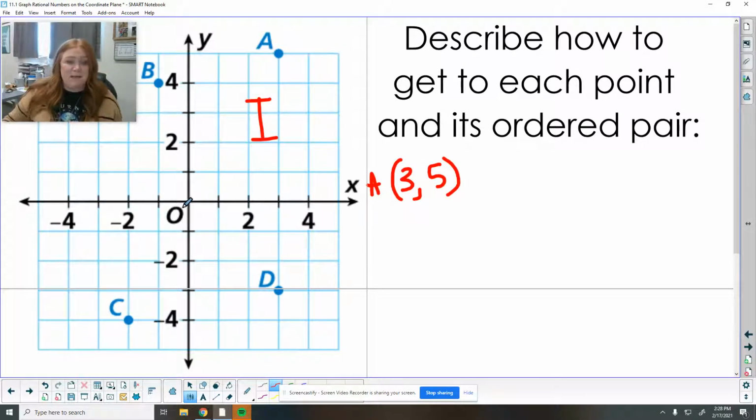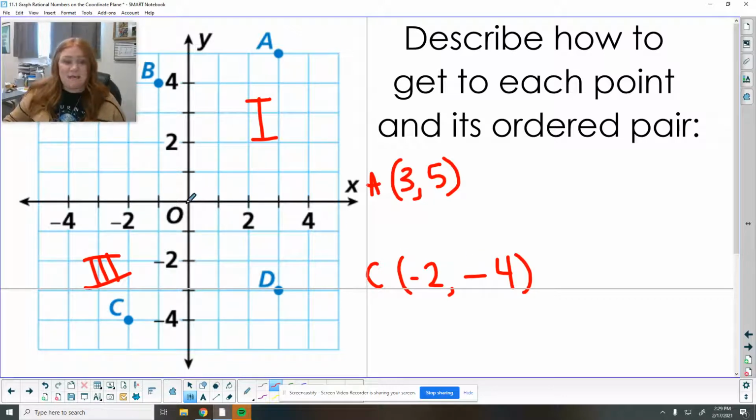So there's B. To get to C, it looks like we go to the left, negative 2. So C is negative 2. And then we went down on this number line to negative 4. So in C, quadrant 3, we have negative, negative.